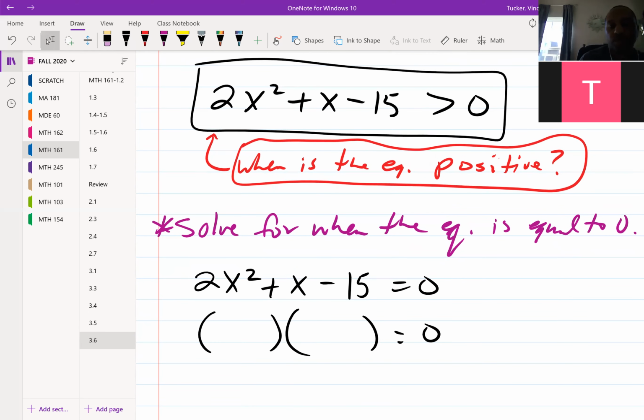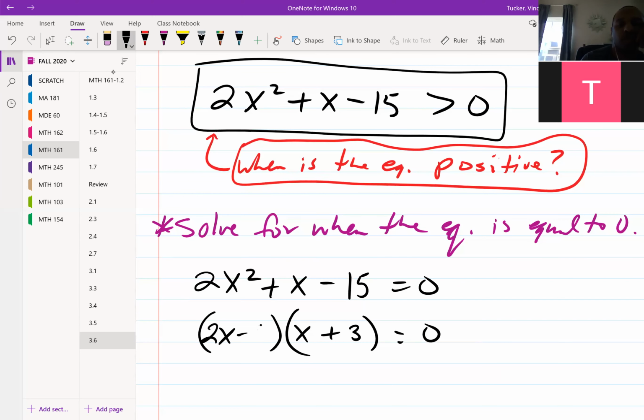This is factorable, I believe: 2x, x. Let's go 3 here, 2 here. I put the wrong numbers back there. That should be 3 and 5.